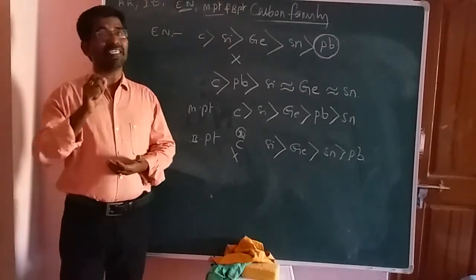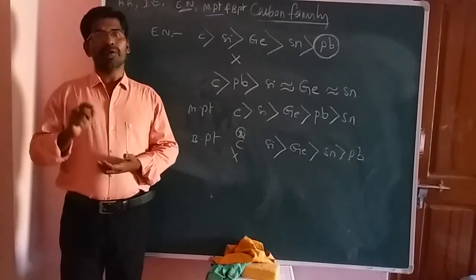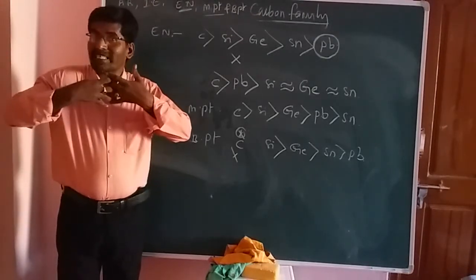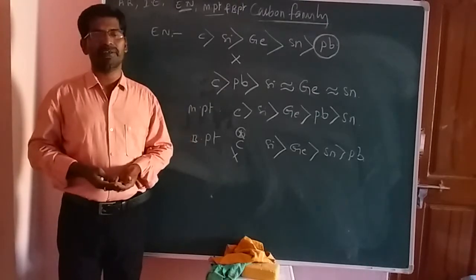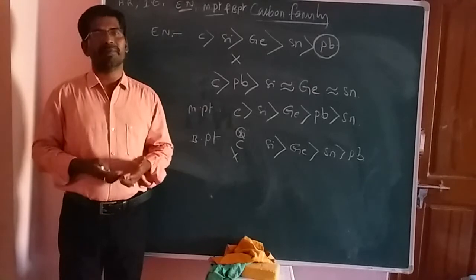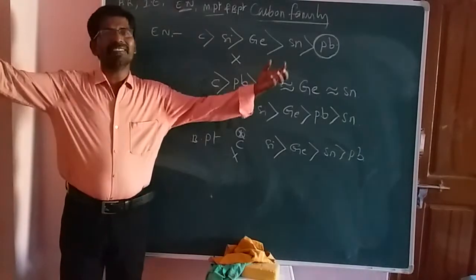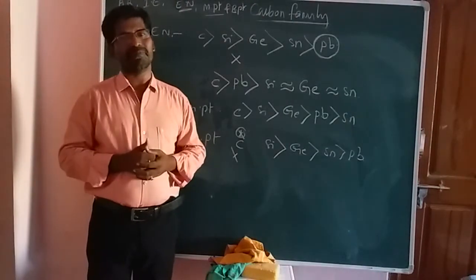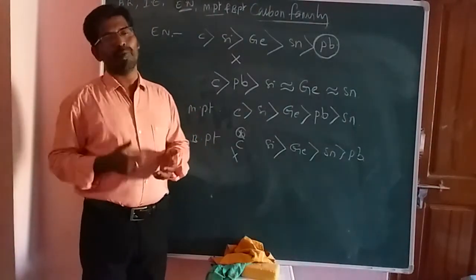Catenation is the self-linkage of an element, in which the carbon element bonds with the same carbon element. So it can form longer chains and cyclic compounds. The next one is multiple bonds.